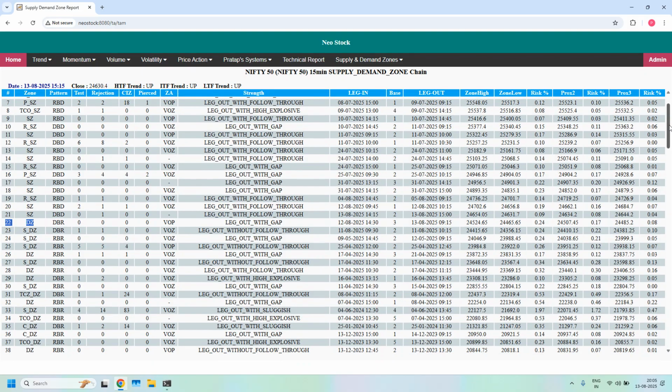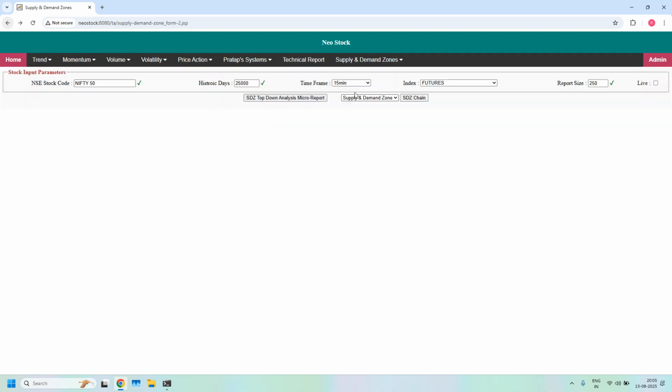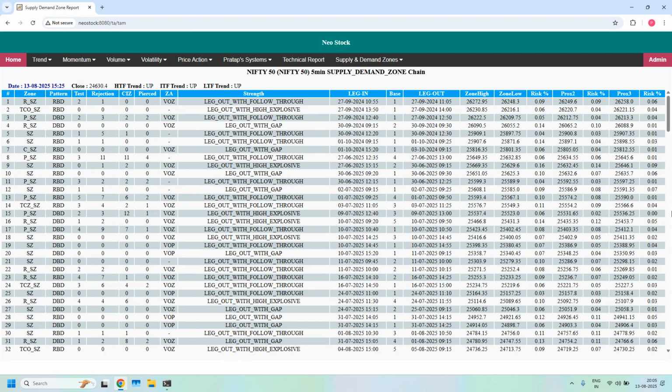Okay, so this is a Nifty 15 minute supply demand zone chain report. Next, generating 5 minutes supply demand zone chain for Nifty. So all are supply zones.